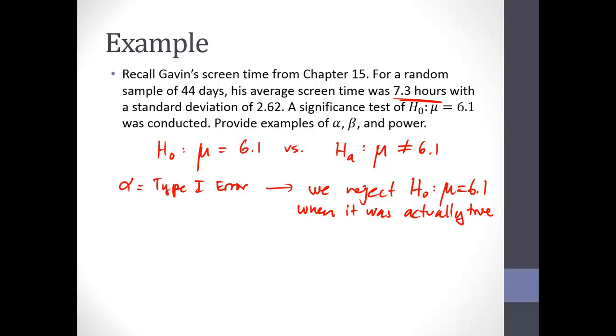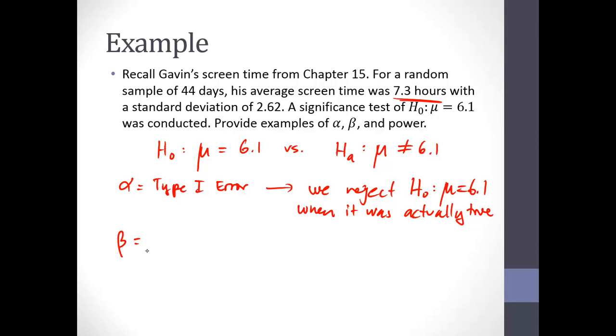So maybe the average amount of time that Gavin looks at a screen is actually really close to 6.1. We just happen to choose 44 days where he watched more TV than usual. So that's an error that we could have made. That's our type 1 error.